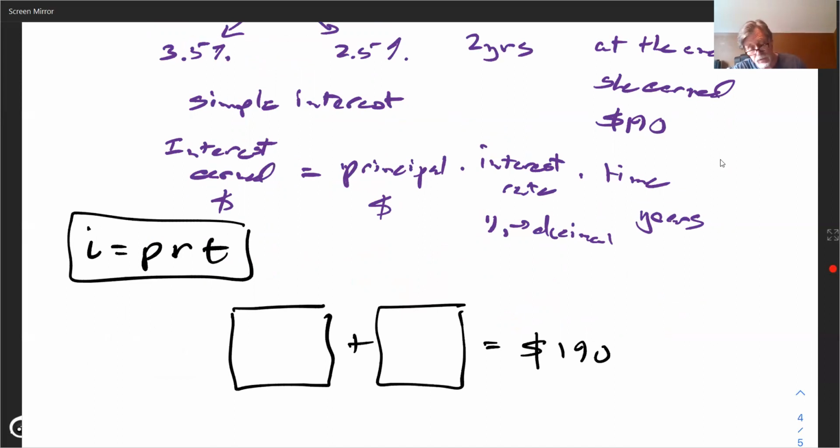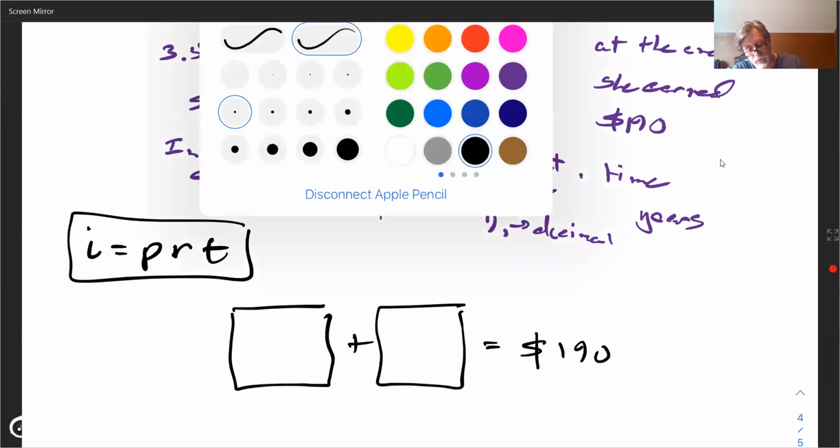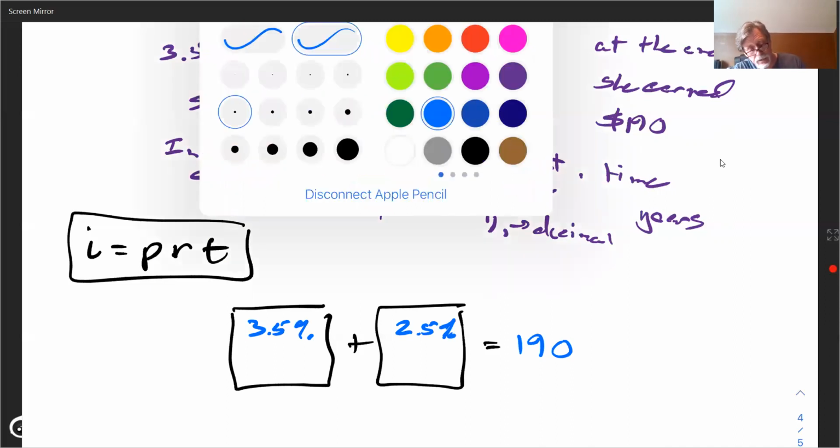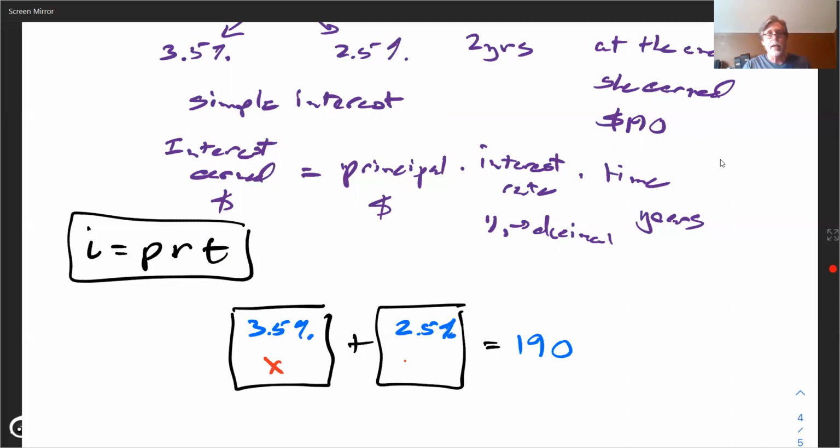I put the interest rates in. What I'm used to doing with you guys is simply going, this is going to be the 3.5%. This is going to be the 2.5%. She's going to put in money, and I don't know how much in each, so I'll just go X and Y. And that's a very quick setup.